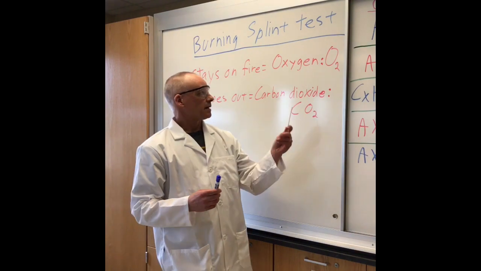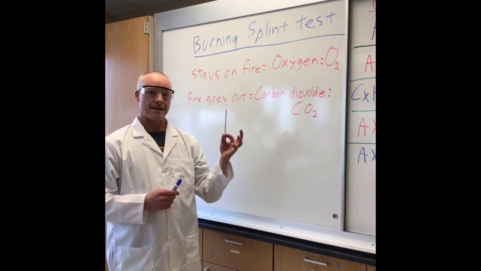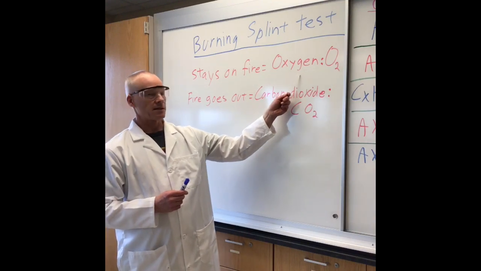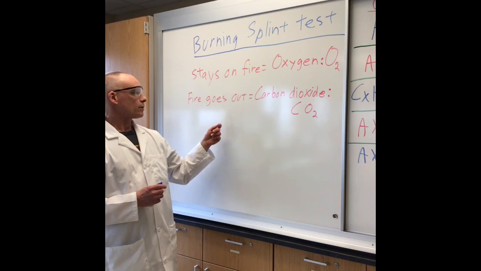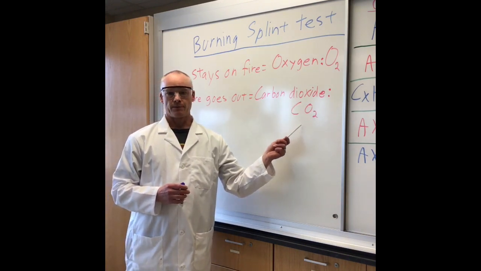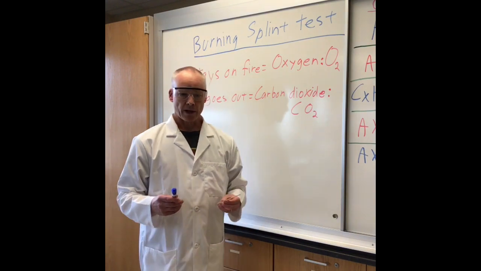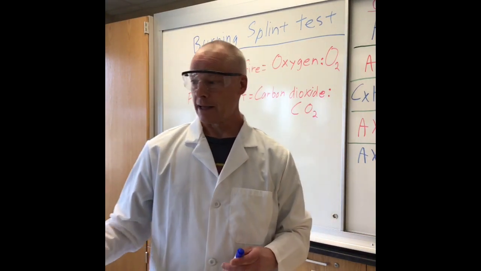But after we test it, if the splint stays on fire, that means there is oxygen present. It's continuing to burn. If the fire goes out, that means carbon dioxide is present, CO2. So just a quick little information on what that test does and what we look for.